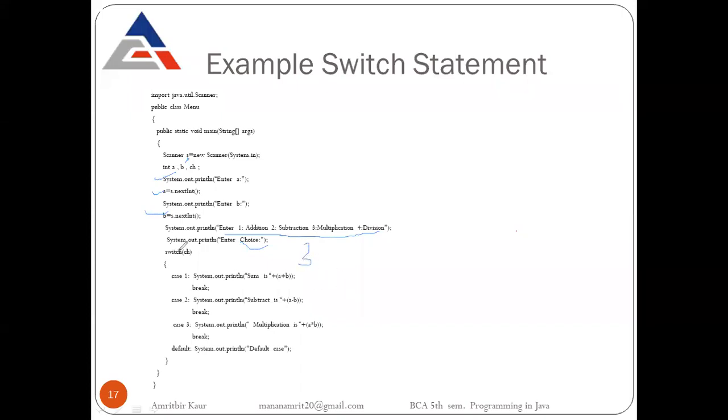So in a switch statement, there will be another statement after entering the choice, because when a user enters a value for the choice, it will be stored. So here our statement is missing, like ch equals s.nextInt.